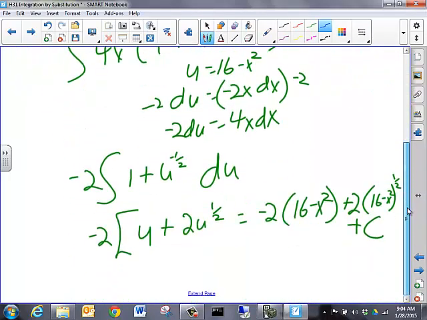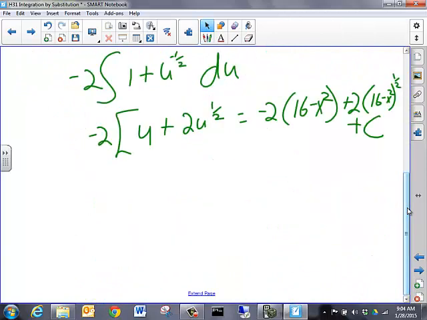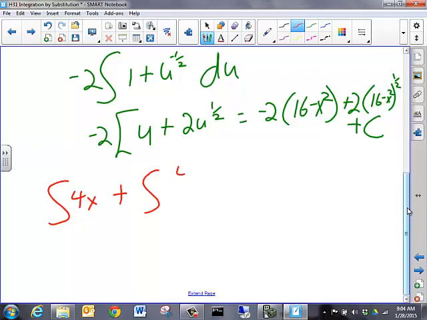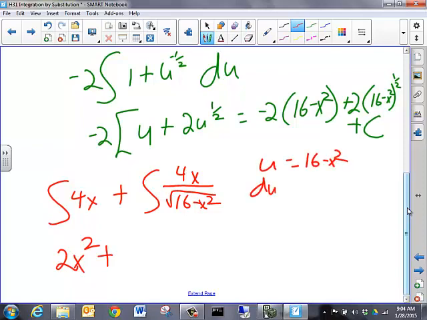Okay, so let me chase it that way with the red, because the integral of 4x plus the integral of 4x over the square root of 16 minus x squared. And so this becomes 2x squared. That's easy enough. Now for this, we're going to say u is 16 minus x squared. So du is negative 2x dx.